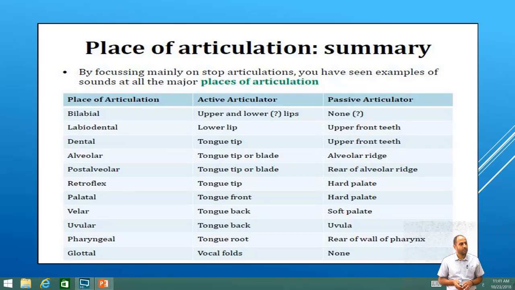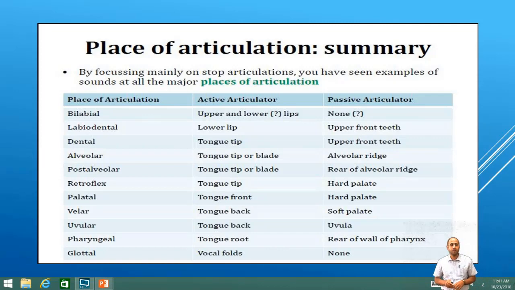For bilabial consonants, we have the upper and lower lips as both active and passive articulators at the same time. For labiodentals, we have the lower lip as the active, the movable organ of speech, and the upper front teeth as the passive or unmovable organ of speech.